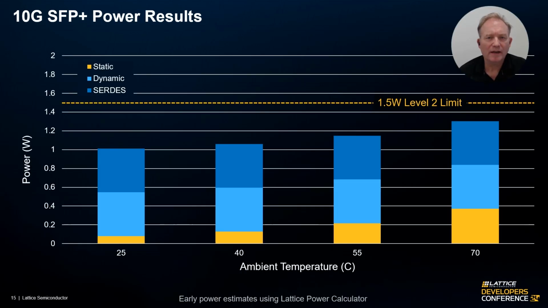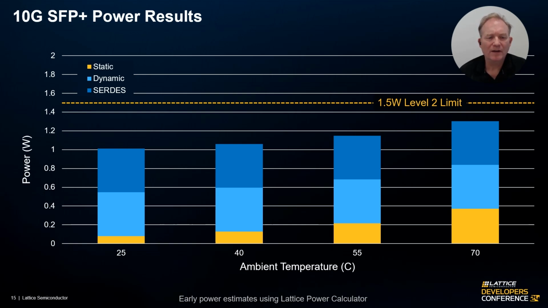So on this slide, I share the results from the Lattice Power Calculator for the particular design that we've been talking about, and how they compare to that 1.5 watt level 2 limit. We're sharing the results at 25, 40, 55, and 70 degrees ambient.